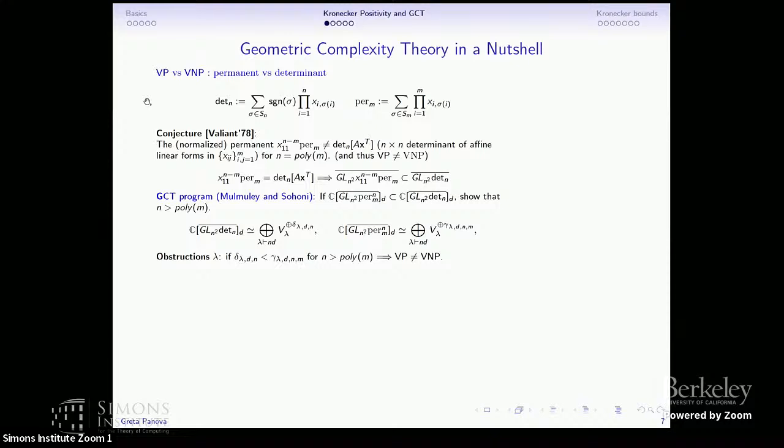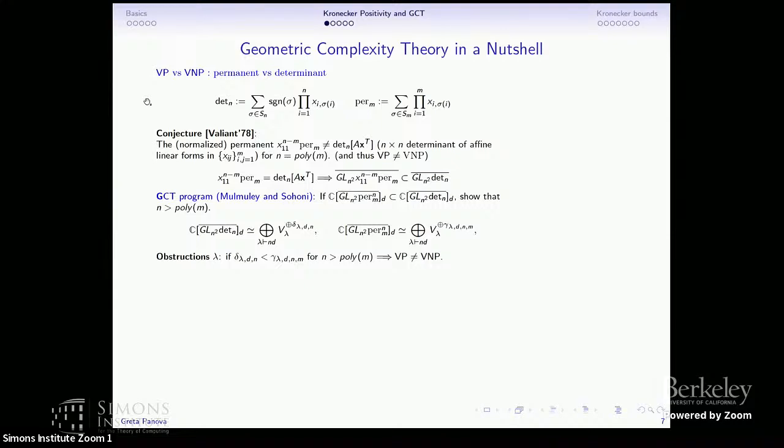So if we want to say that the permanent is not in the determinant, then we need to find some partition lambda, which is going to be called an obstruction, for which the multiplicity here is smaller than the multiplicity here.